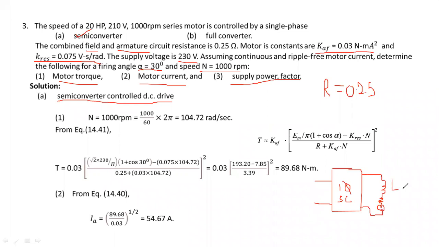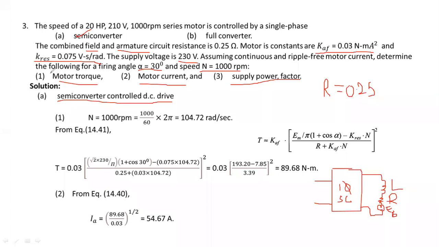Here L means LA plus LF. This is capital R, which is field resistance plus armature resistance, and this is back EMF EB. So this series motor is controlled by a single phase semi-controlled converter.